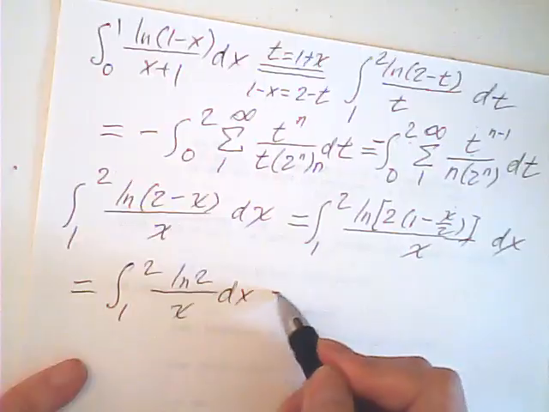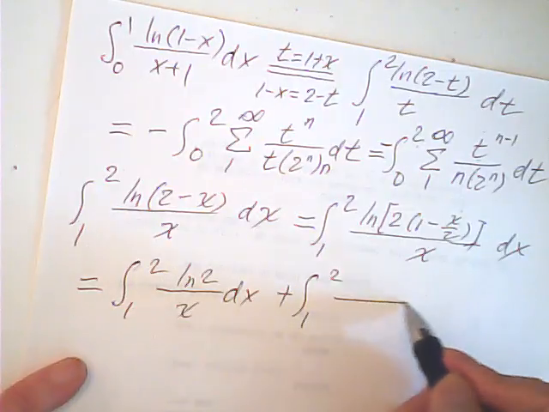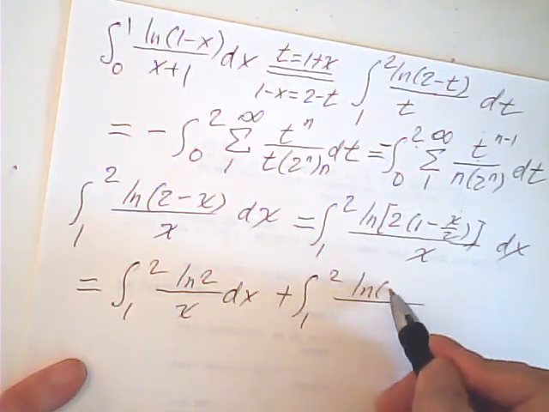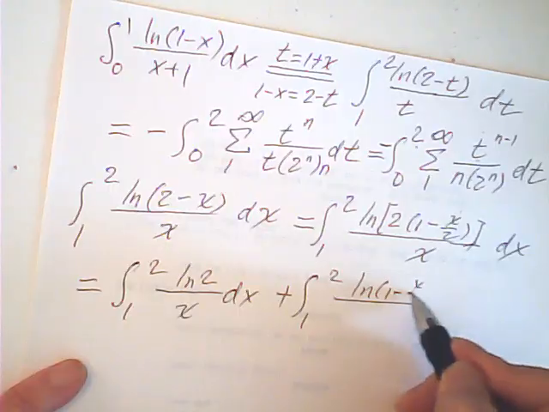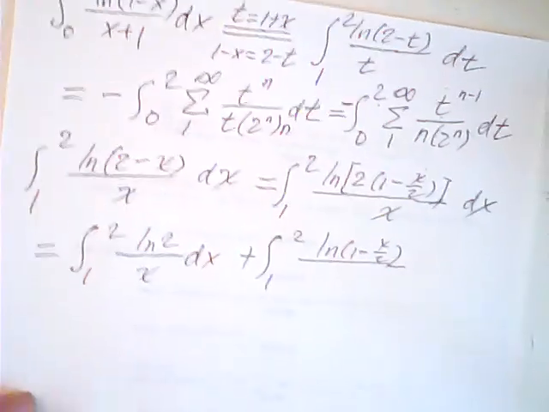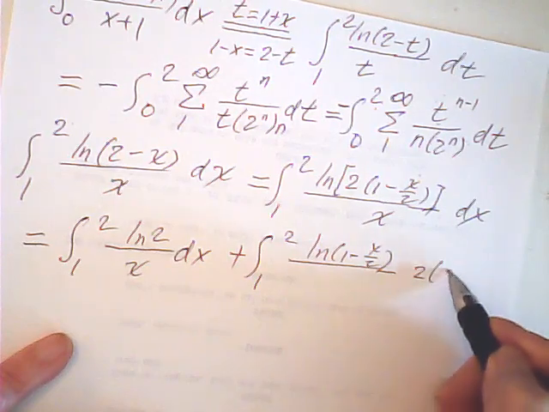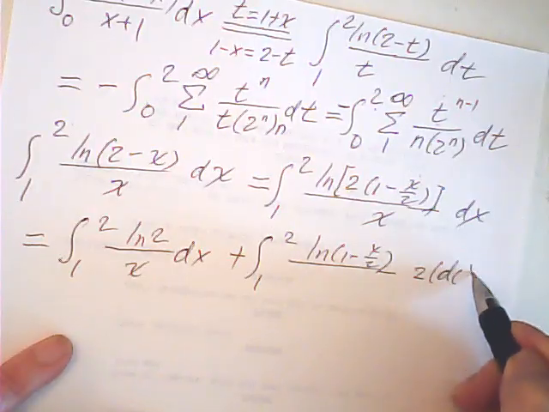That's the first part. And plus the integral from 1 to 2 of log 1 minus x over 2. Can I write dx into 2 times d of x over 2?